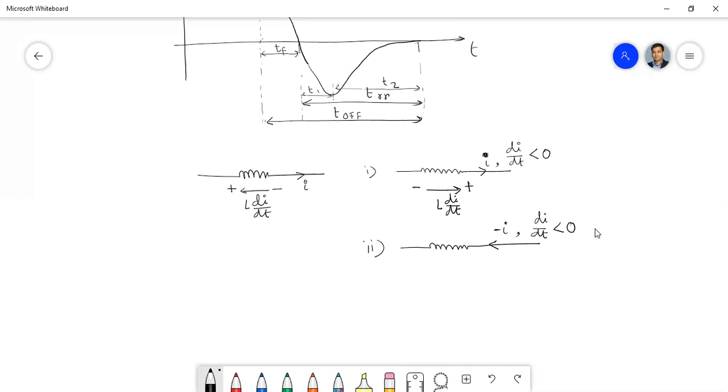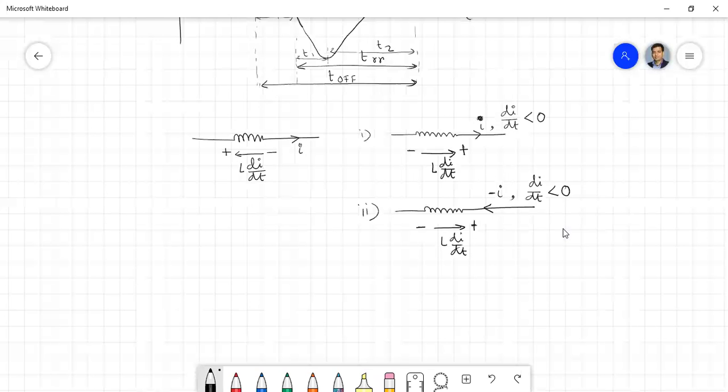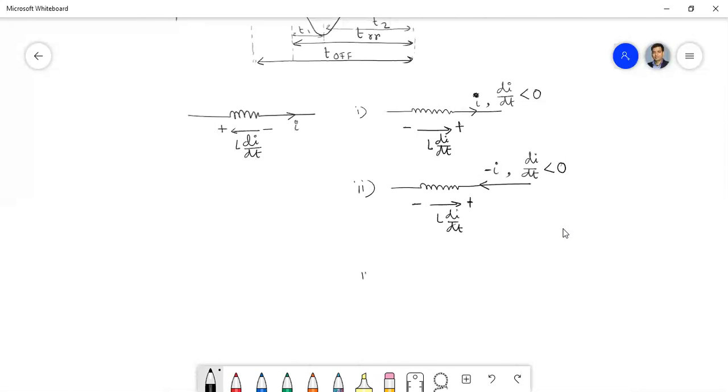T1. This is for T1. So again, I will get this type of voltage induced. The third one is for your T2.